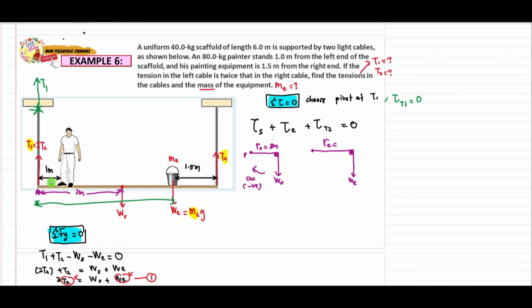Kalau lah panjang scaffold ni 6 meter, so 6 meter tolak 1.5 meter. So daripada pivot here to the position of the equipment, mestilah 6 minus 1.5, should be 4.5 meter. So here should be 4.5 meter. And sama juga dia adalah clockwise, so negative.